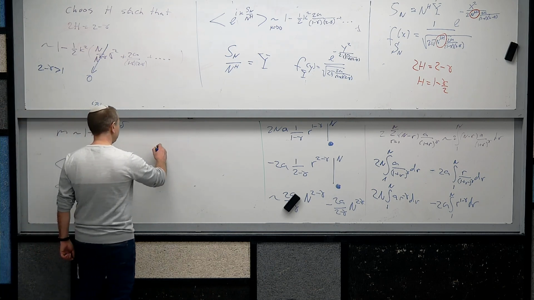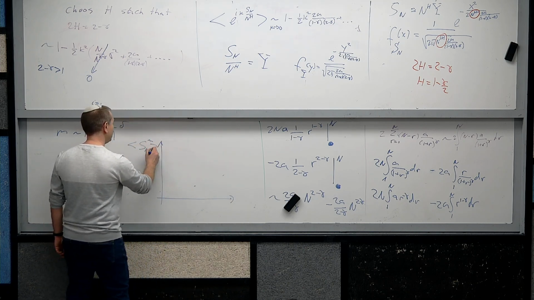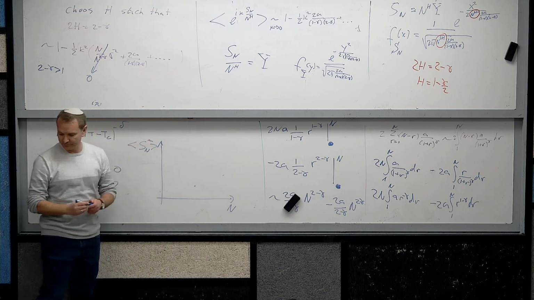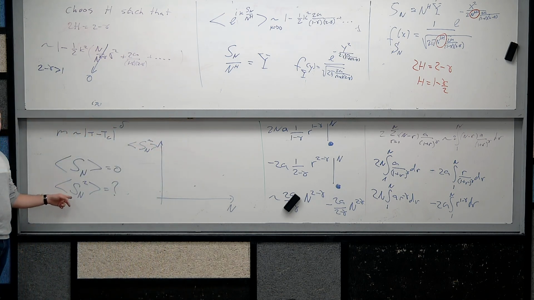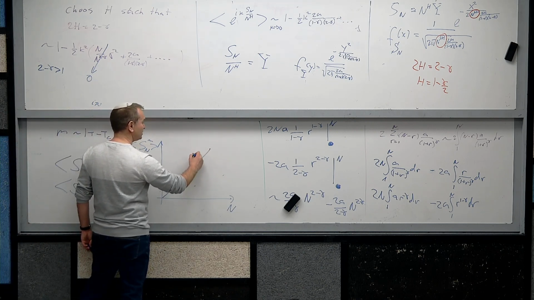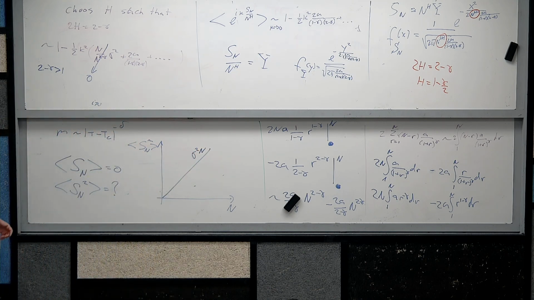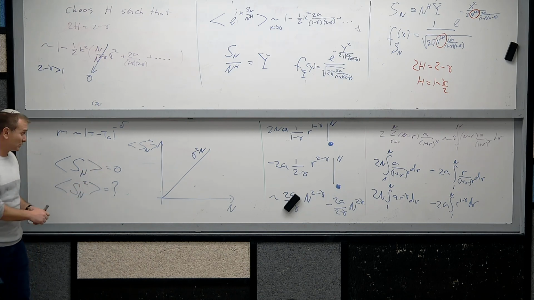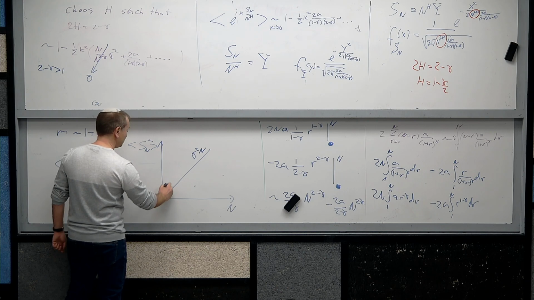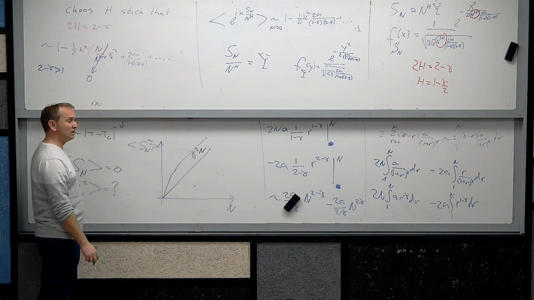But Sn squared is already not 0. So if you plot Sn squared average as a function of n, when the random variables are absolutely not correlated, we will have something like this, and it's just a linear growth of sigma squared n. When there are exponential correlations, or correlations such that the sum that we had is converging, you will have something that looks like this, and then it becomes also linear.